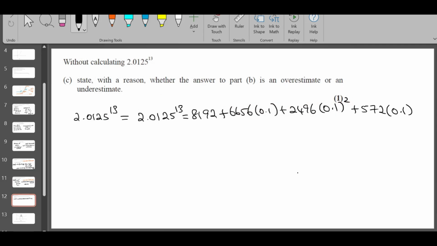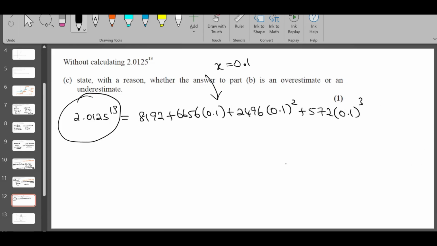To find the approximation of this, in the binomial expansion, we replace x by 0.1. But did you notice something here? In this binomial expansion, all the terms are positive, right? All the terms are positive.